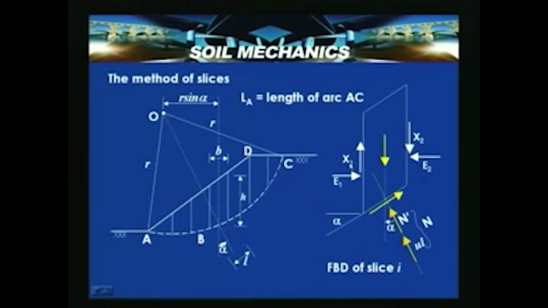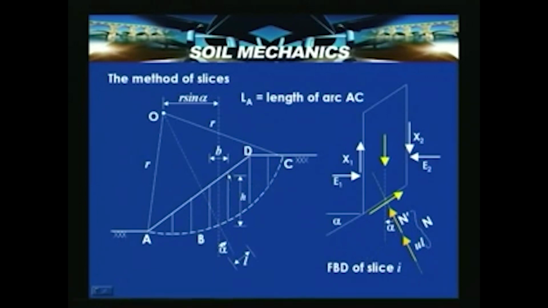X1 and X2 are the shear forces acting at the interface, and E1 and E2 are the normal forces acting on the slice. Alpha is the inclination of the base of the slice, and N dash and U L are the effective normal force and the pressure due to water force.